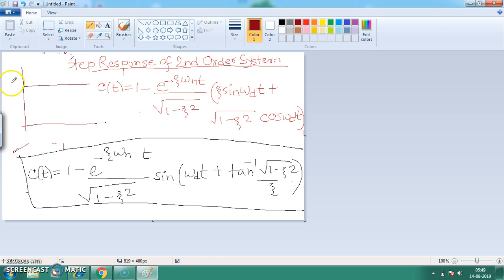As it is a unit step, this is my input. So the diagram or the graph or the response will look like this. So this is actually underdamped response.